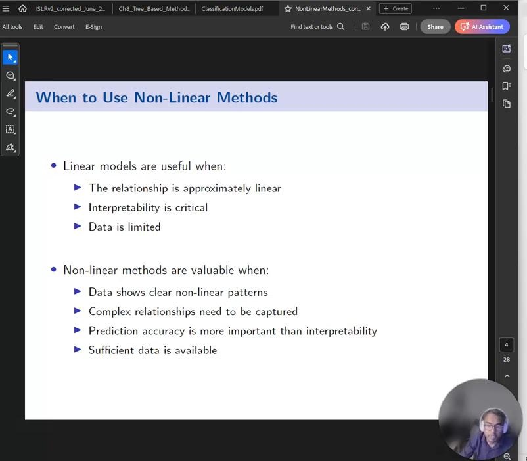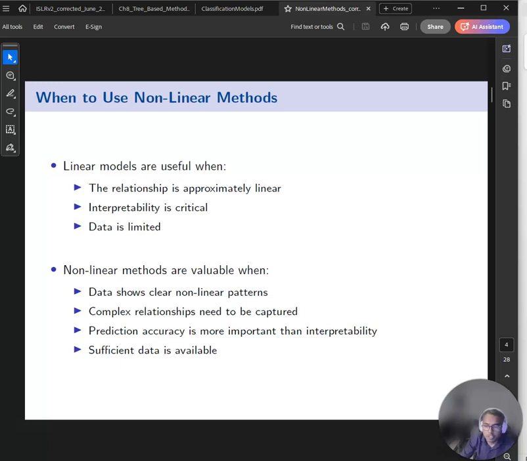Remember, models are simplifications, so a close-enough linear model often works well. Second, when interpretability is critical, perhaps because you are in a field like medicine or policy, where explaining your model is as important as its accuracy. And third, when your data is limited. Linear models typically need fewer observations to estimate reliably.